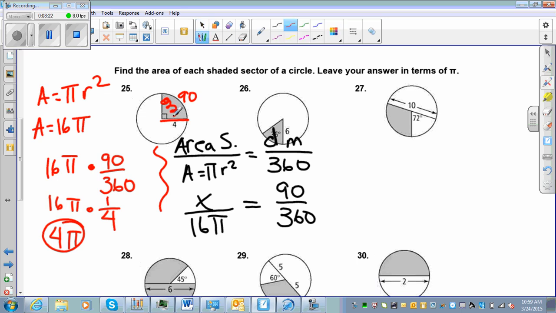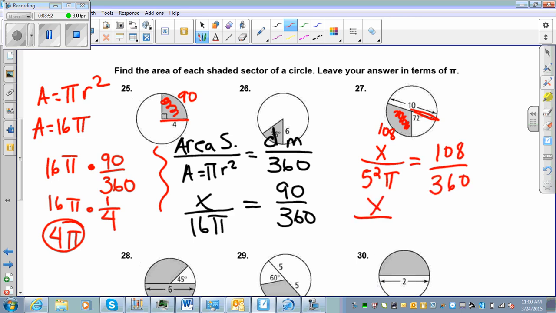When you get into number 27, this is the shaded region I'm trying to find. So I need to know the degree measure. This is 72, so this has to be 108 because it's subtracted from 180. So I'm trying to find the shaded region. I know the whole area is pi radius squared, so the radius is from here to here, which is 5 squared, 25 pi, equals the degree, 108 divided by 360.